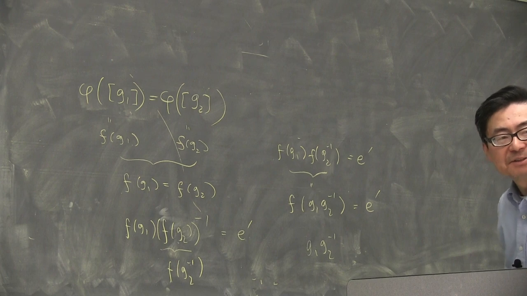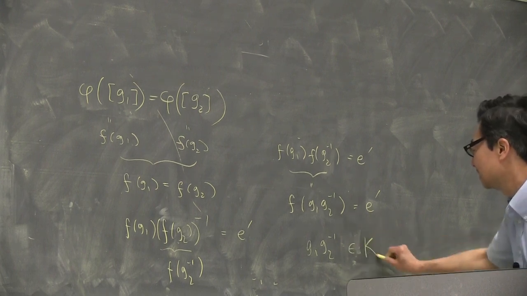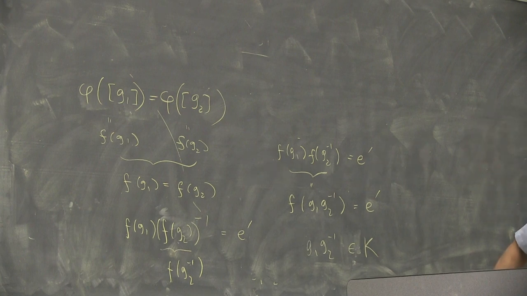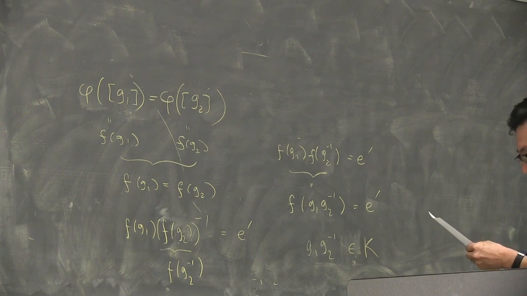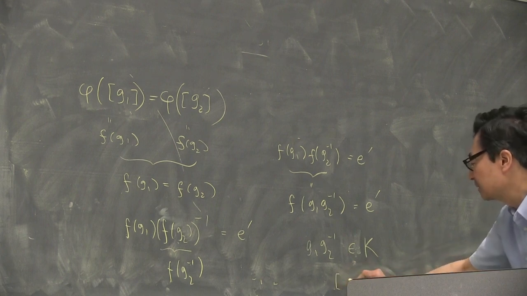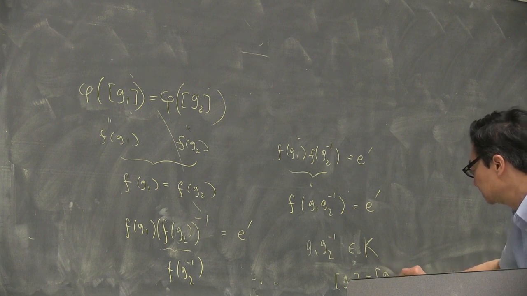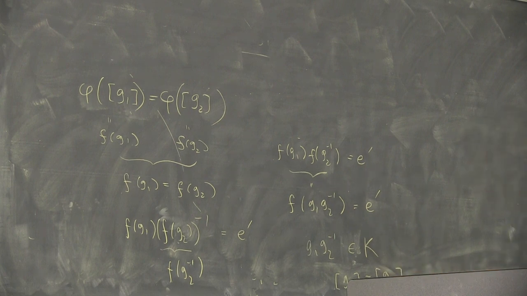The kernel is not just a single element set. So what that means is just that this thing is in the kernel, okay? Because this thing gets mapped to the identity. If this guy is in the kernel, then by the definition of the cosets, the coset specified by G1 must be the same as the coset specified by G2, okay?